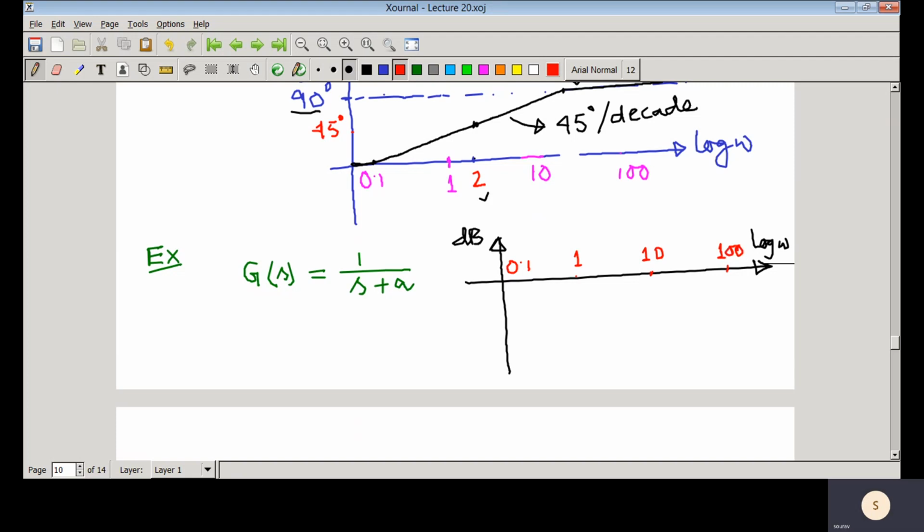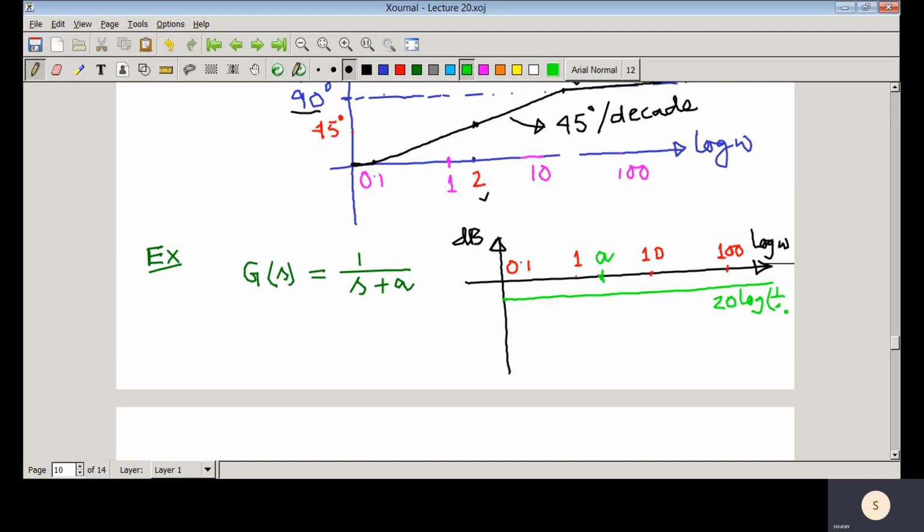If this is the corner frequency a, we have seen that there would be one constant gain, which would be 20 log of 1 by a, that is minus 20 log a.